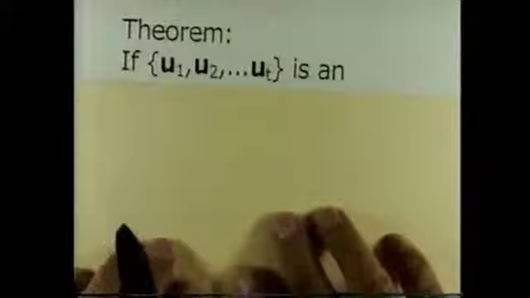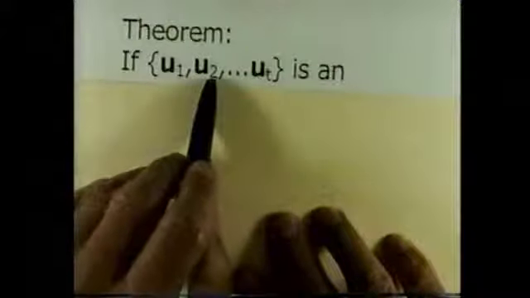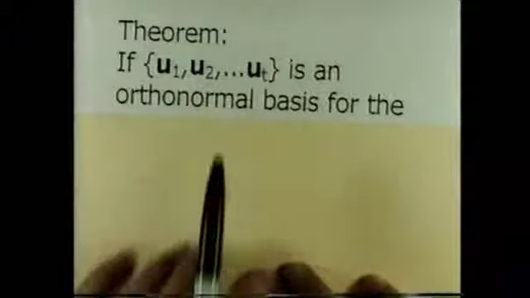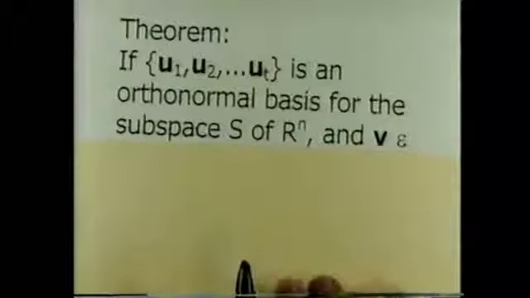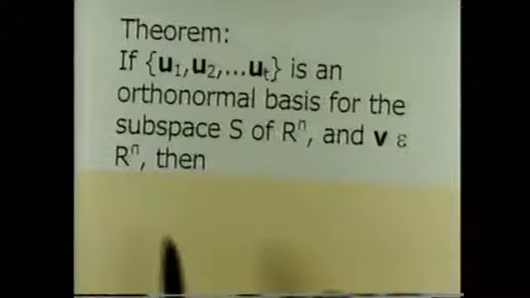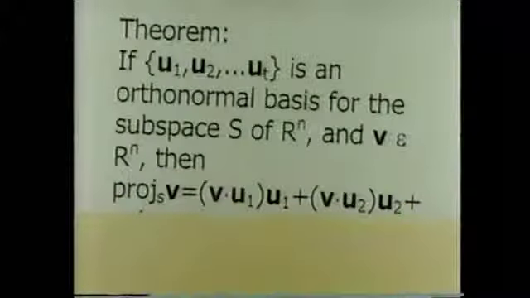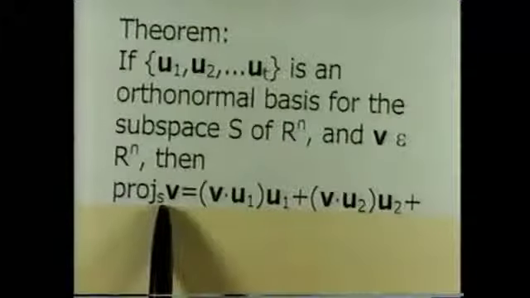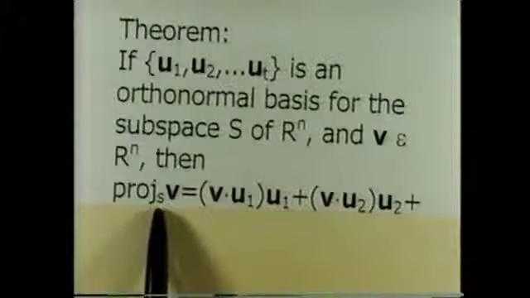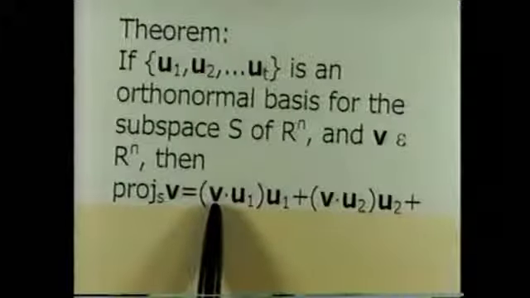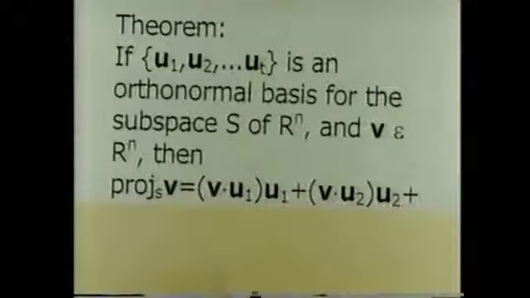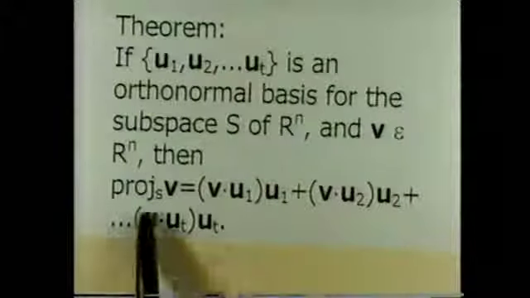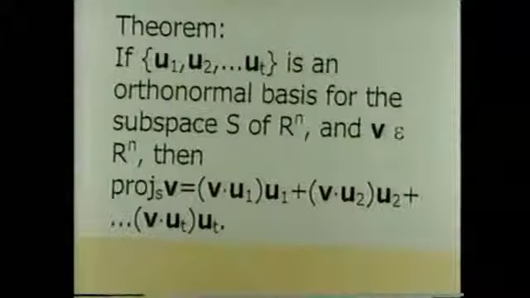Theorem. If U1, U2, out to UT is an orthonormal basis for the subspace S of R to the n space, and V is any vector in n space, then the orthogonal projection of V onto S is equal to V dot U1 times U1 plus V dot U2 times U2 plus out to and including V dot UT times UT.